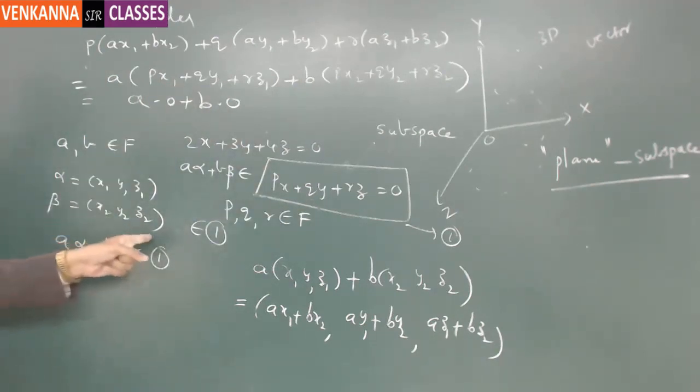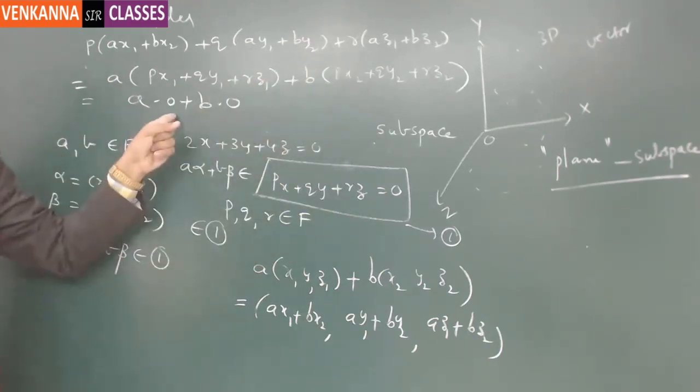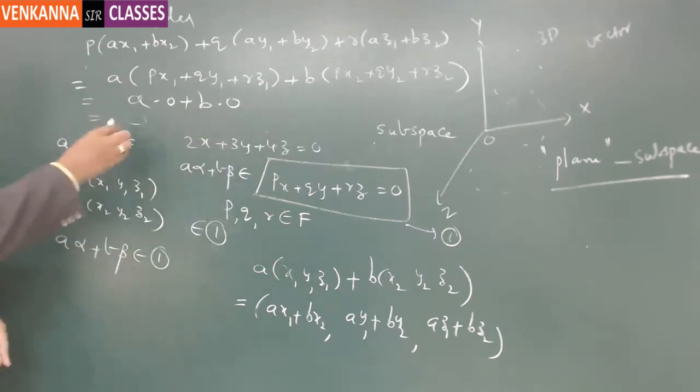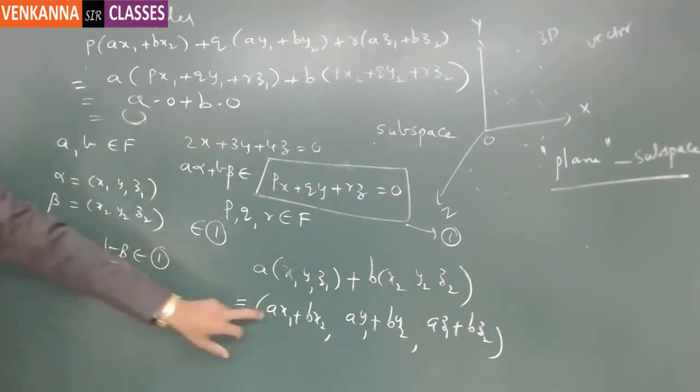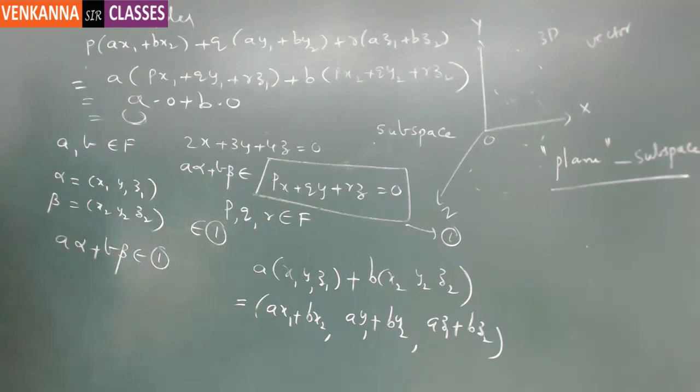Since x2, y2, z2 is a point on this plane, it satisfies the plane equation, hence this value is 0. So a dot 0 plus b dot 0, the result is 0. Therefore, this point A alpha plus B beta is lying on the plane, hence this plane is a subspace. Clear? Any doubts you can ask?